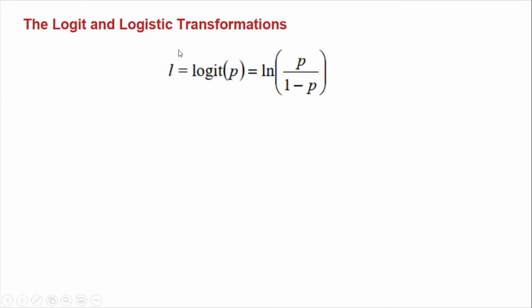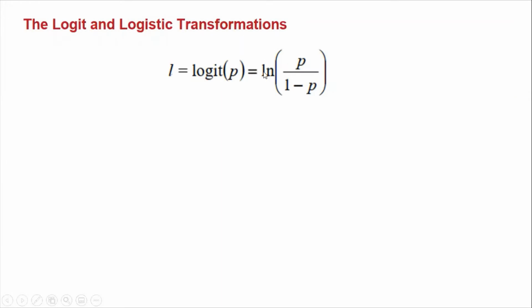So let's continue looking at it. Our linear function L is equal to the logit link of the probability. So we connect the linear function, using the logit link, to the probability.